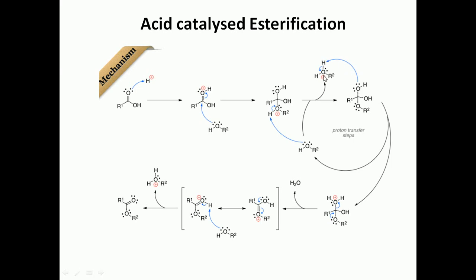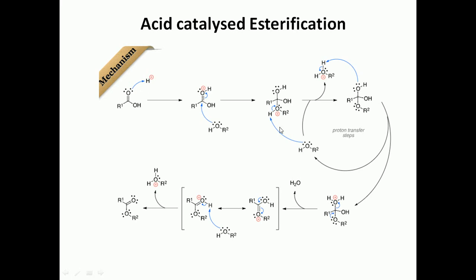Compared to ROH, this OH is less hindered, so it will move to this O. Rather than going through all these steps, we can simply say that you have RO here and you have OH here, and this H, because it is now more hindered here, moves to this OH or this OH because they are similar. So let us say that this H moves to some OH, and you get this directly.